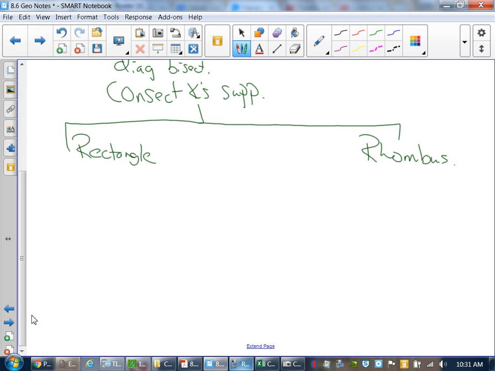But what made a rectangle a rectangle? Right angles, good. What makes it more specific than a parallelogram is that you have four right angles. What else? It's still a parallelogram, so we know that.